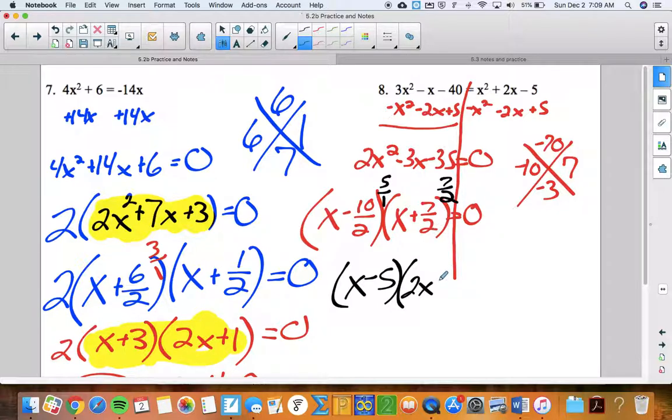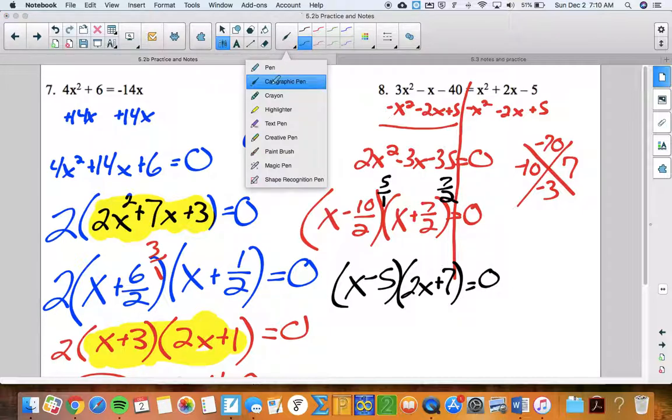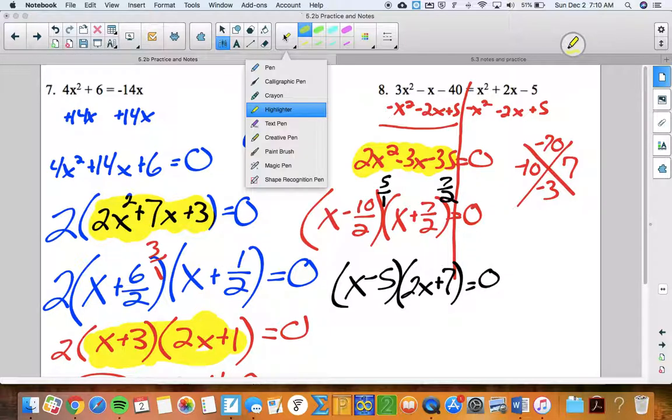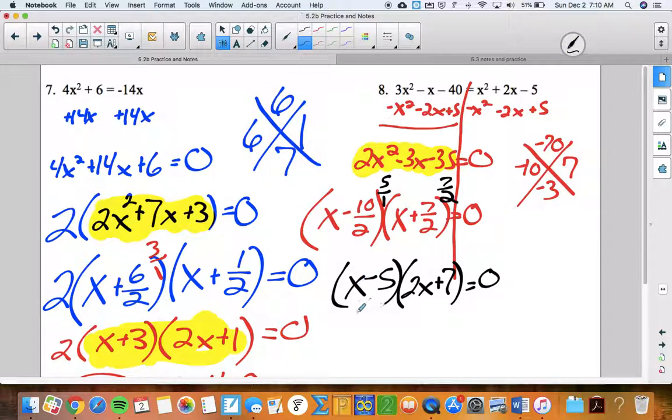Bring down the simplified numerator. And if I FOIL that together, I'm checking to make sure that I get this trinomial right here, and I do. Yes, okay. So now, set each of these factors equal to 0. Well, I know what this one's going to be, +5. And this one will be -7/2.